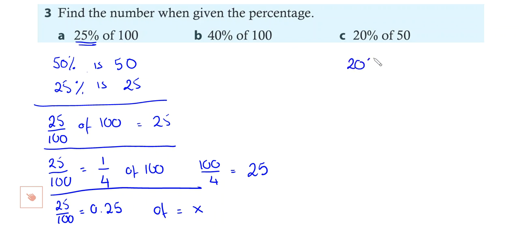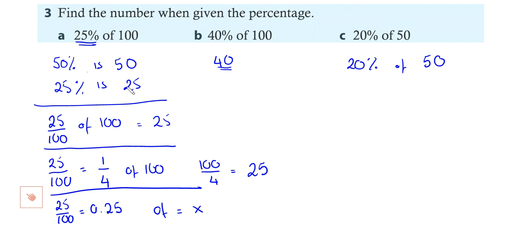Now the thing is, if we just say they're always this easy, when we get to one of these, 20% of 50, what would you do? Because this one is just, oh well, that's 40. Yeah, done. We all happy with that based on what we did here? So how could we show how to do 20% of 50? There's lots of different ways.